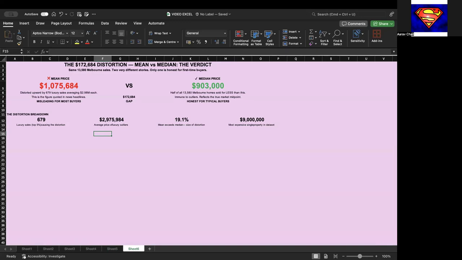A major reason is the luxury segment. Around 679 properties, roughly the top 5%, create much of this effect. These homes have an average close to $2.98 million. The most expensive sale reaches $9 million. So, mathematically, the mean is accurate, but practically, for a normal buyer, it can be misleading.